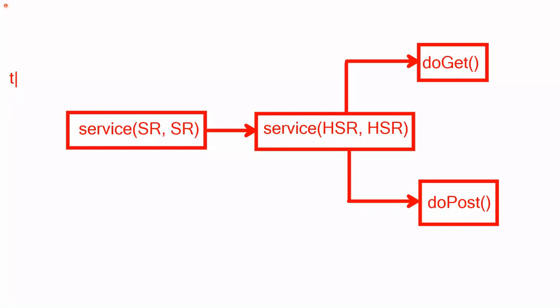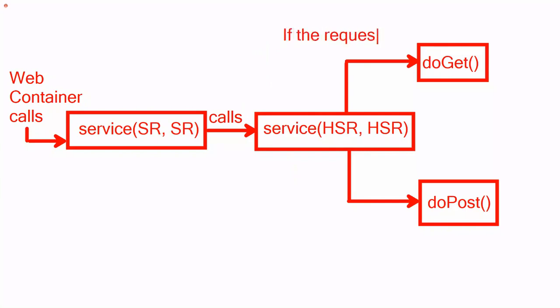Here, the web container calls this method. This method calls this method. This method checks the request type. If the request type is get, then it calls doGet.